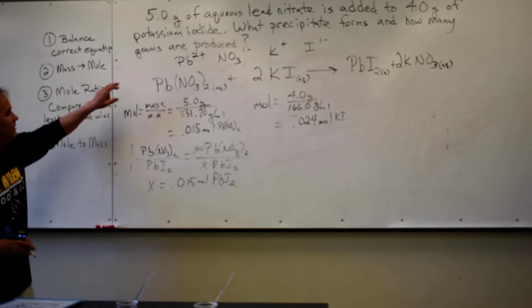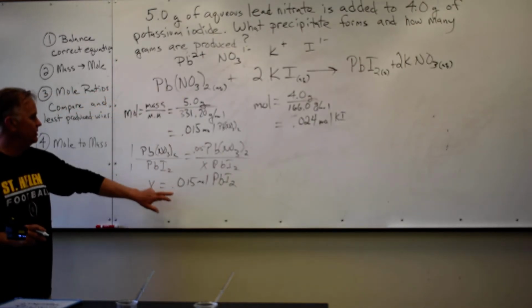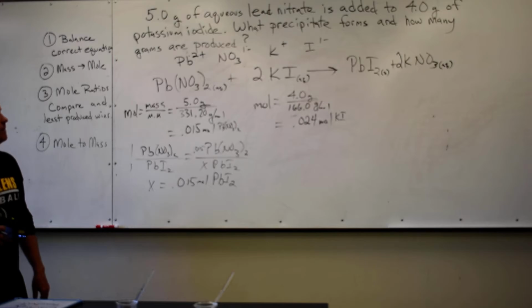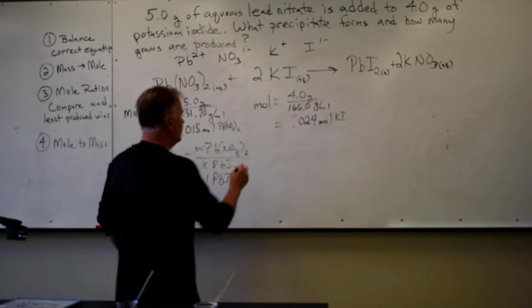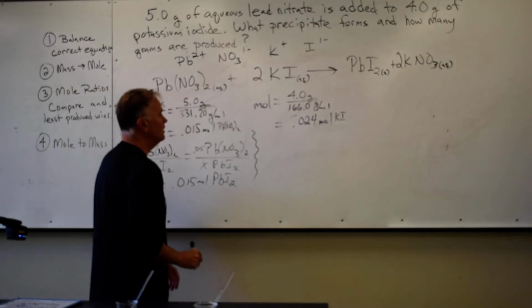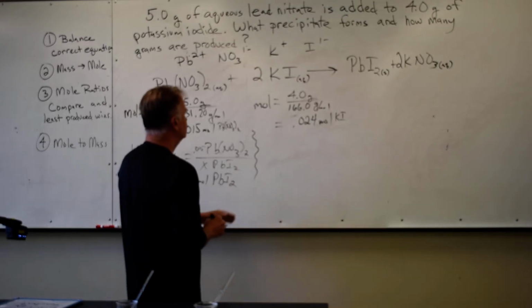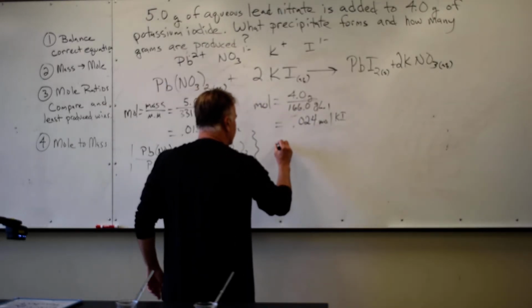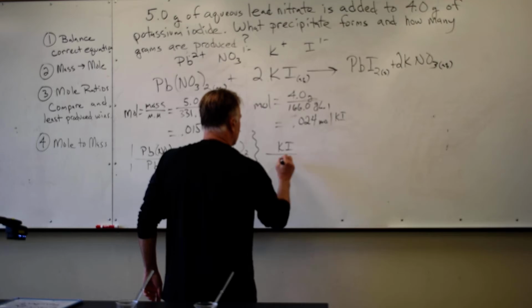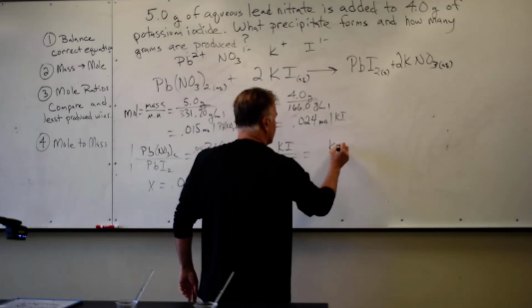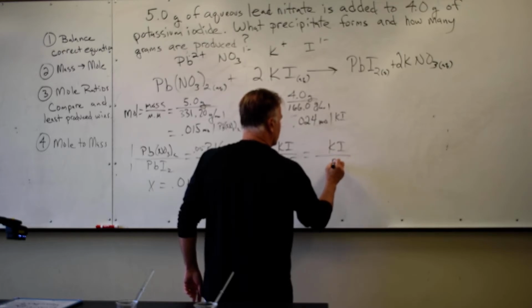Okay, so if lead nitrate is your limiting factor, you're going to produce this much lead iodide. Now we have to compare that over here though. Put a little squiggly line there to divide it. All right, but here we have KI over PbI2 equals KI over PbI2.